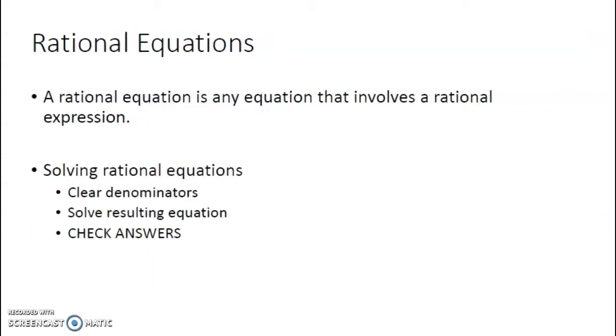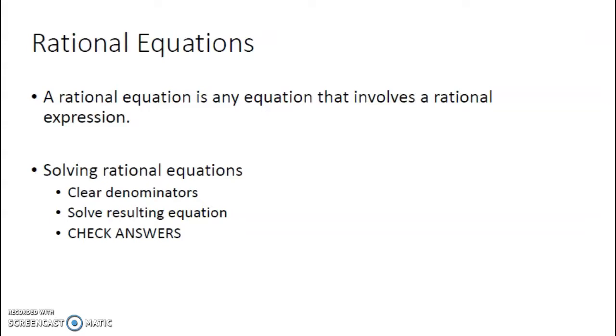So here's your definition for a rational equation. A rational equation is any equation that involves a rational expression. You'll be able to recognize rational equations because you'll have variables in the denominator. When we're solving rational equations, we are going to use a similar process to what we've done before when we had equations with fractions. We're going to clear out the denominators.